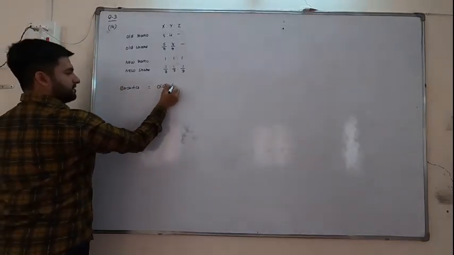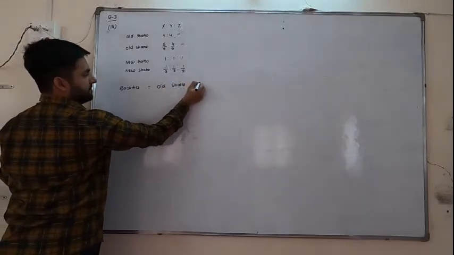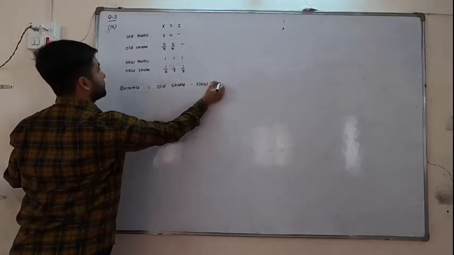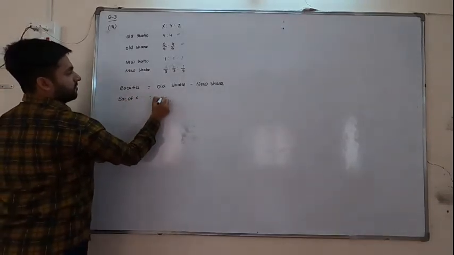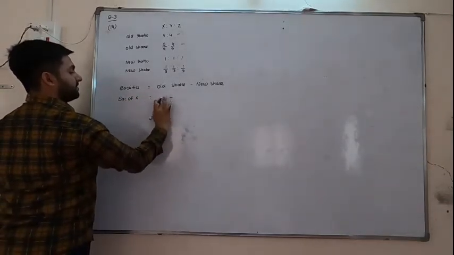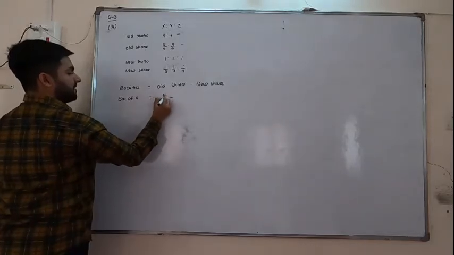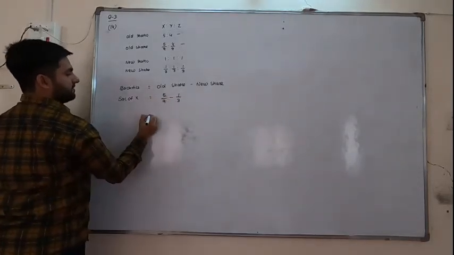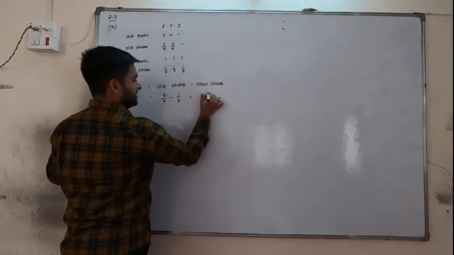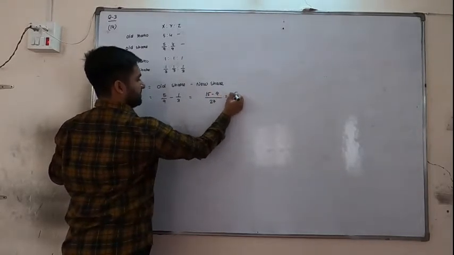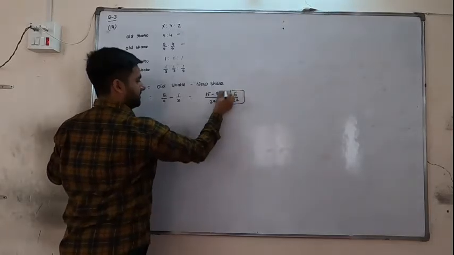Sacrifice is equal to old share minus new share. Sacrifice of X: old share is 5 by 9, new share is 1 by 3. 9 3s are 27, 5 3s are 15, 9 1s are 9, so 6 by 27.